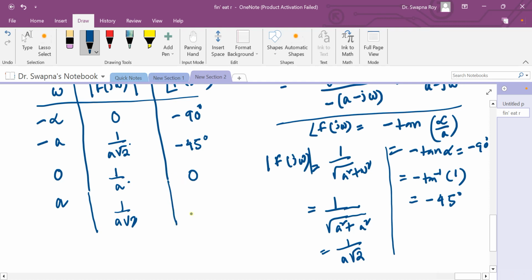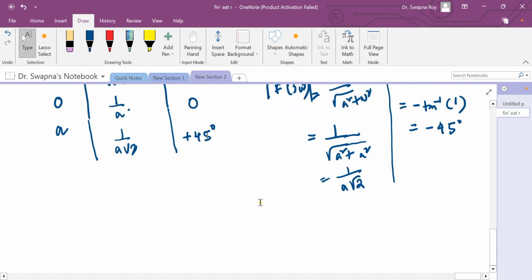And for omega equal to plus a, minus a by a, it will be minus tan inverse of minus 1, this will be plus 45 degree. So this will be plus 45 degree.